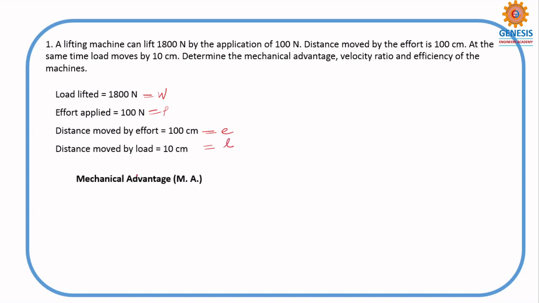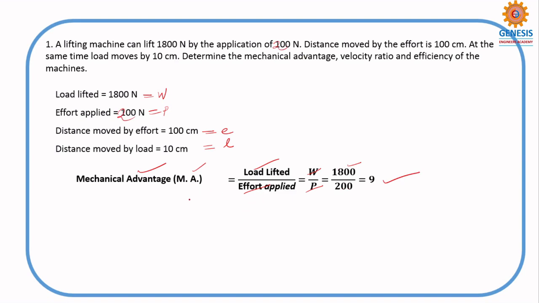As per mechanical advantage is equal to load lifted by effort applied, so that is W by P, and it is 1800 by 200, so this is 9.